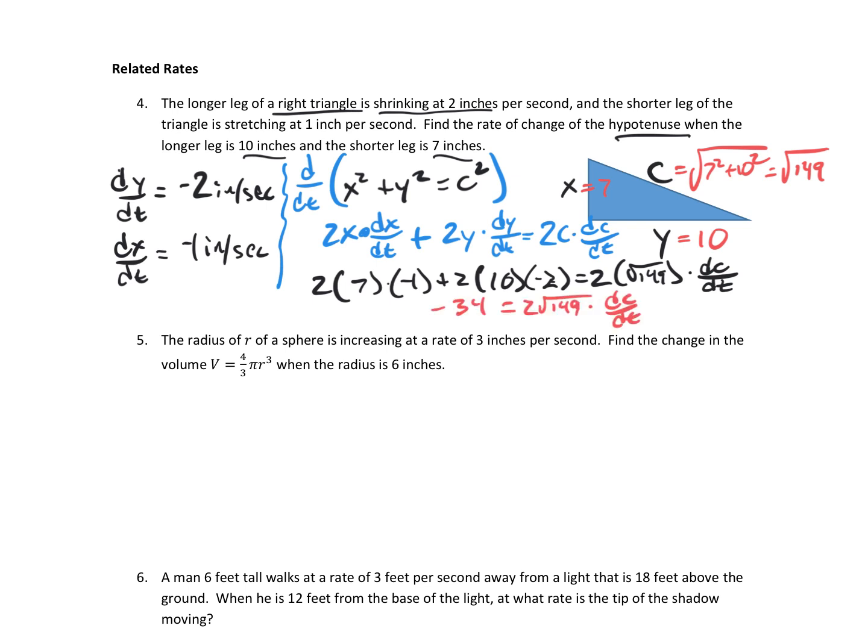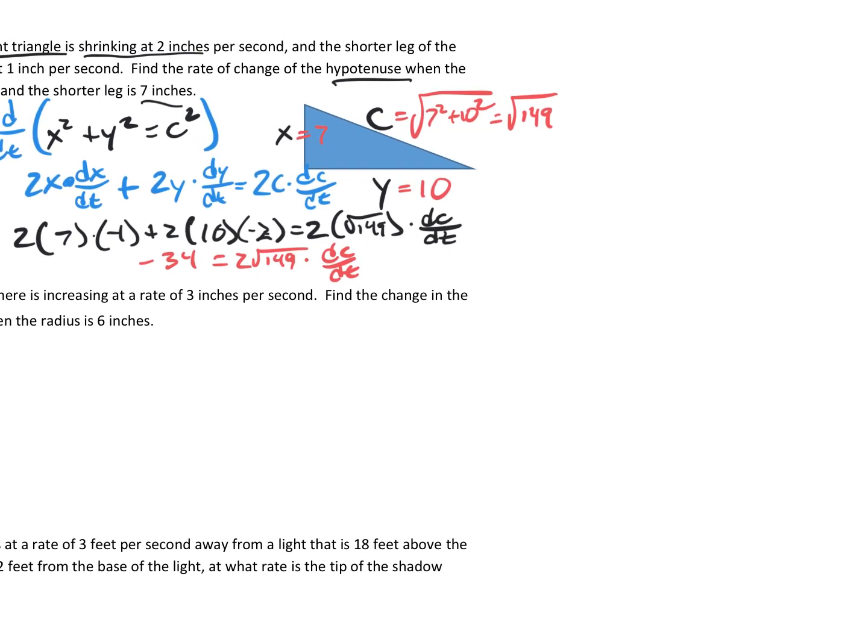So cleaning this up, we get negative 34 equals 2 square root of 149 times dc/dt. And dividing on both sides, we get our rate of change for the hypotenuse, dc/dt, equals negative 34 over 2 square root of 149.